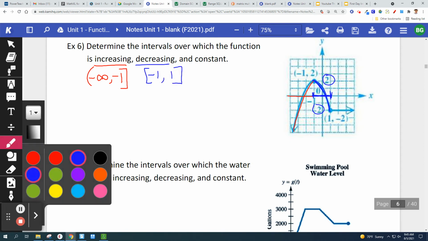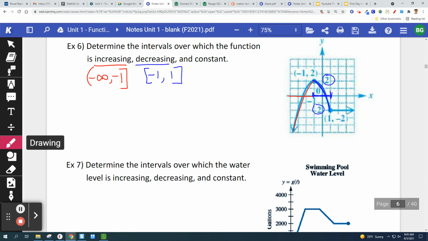And then it's constant, and yeah, we can see it's constant right here. But look at the x numbers. Look at the domain. We're talking about the domain. So that's from positive 1 to infinity. Increasing, decreasing, constant.